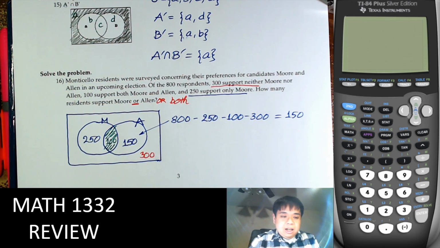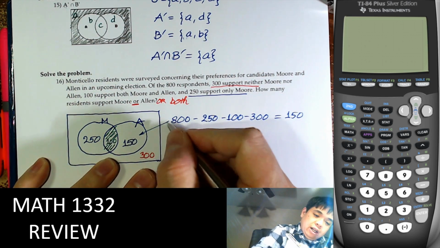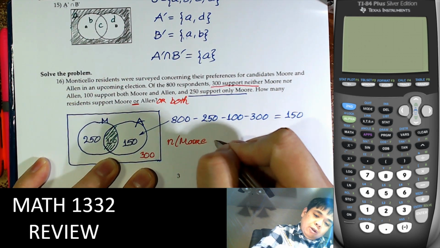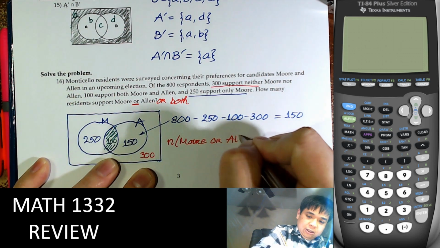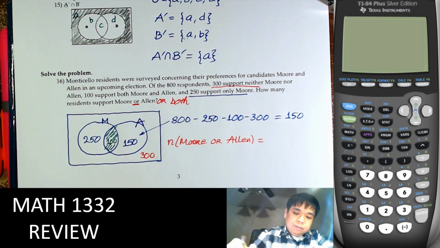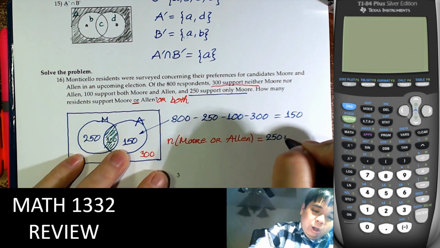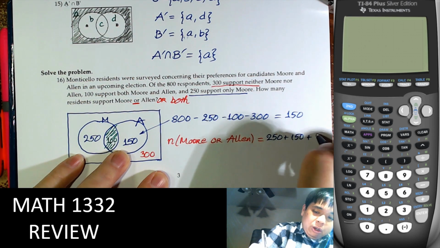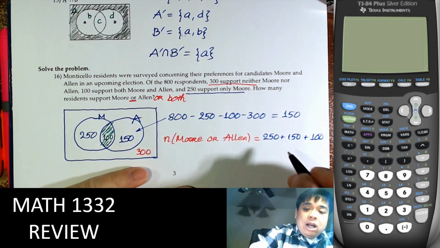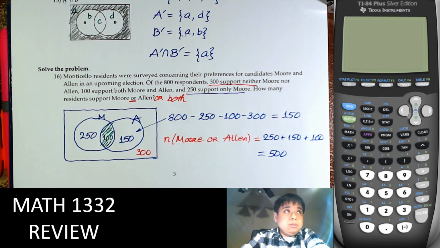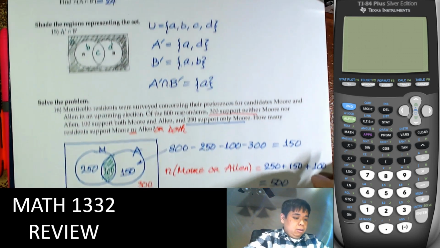So in that case, we just say number of Moore or Allen. We're going to add 250 only Moore, 150 only Allen, and 100 that is both. So that is 500. Right.